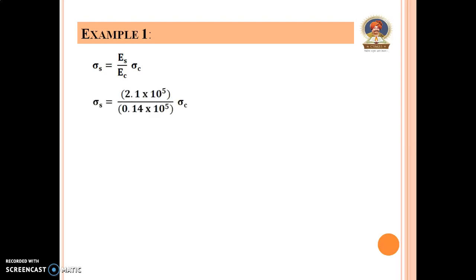So the equation becomes sigma s is equal to 2.1 into 10 raised to 5 upon 0.14 into 10 raised to 5 into sigma c. So the equation becomes sigma s is equal to 15 into sigma c. Put this value in equation first. Put the value of sigma s in equation first.